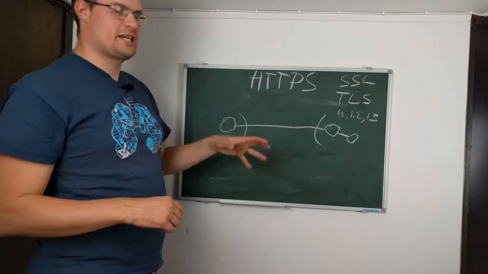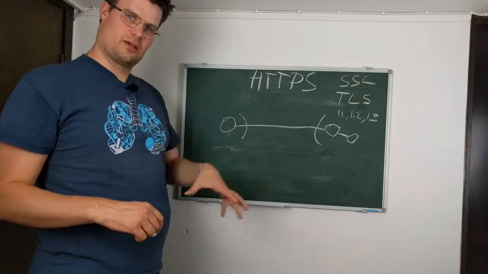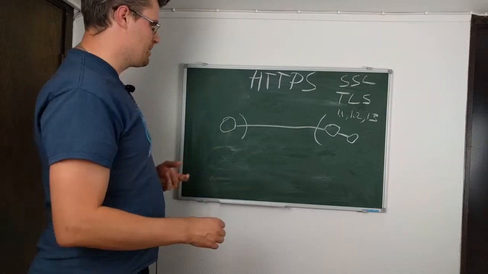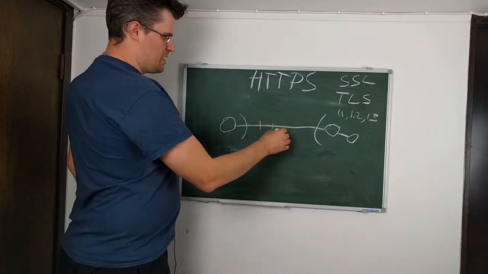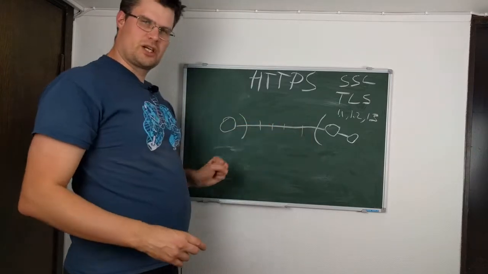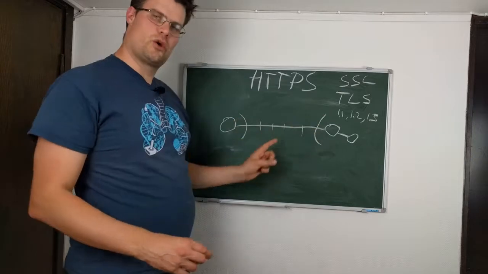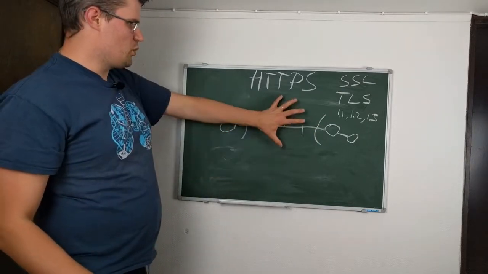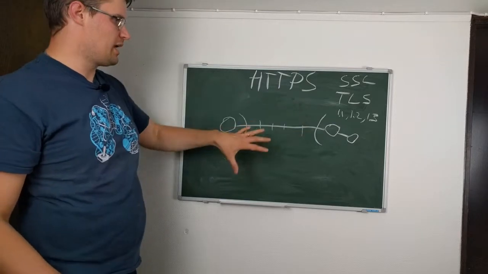Many people are actually attacking web services to bring them down, so that's some kind of bullying, I think. And in the middle here, we have a lot of different infrastructure components that we need to go through. And the problem is that we don't know what's here in the middle.